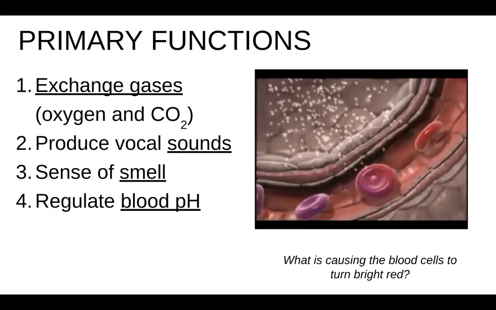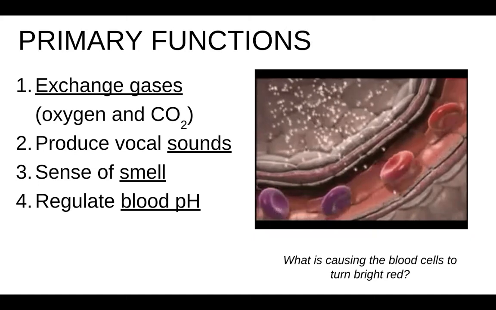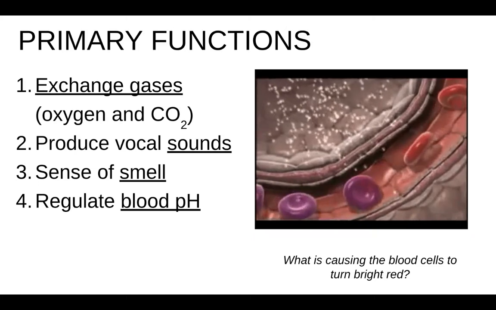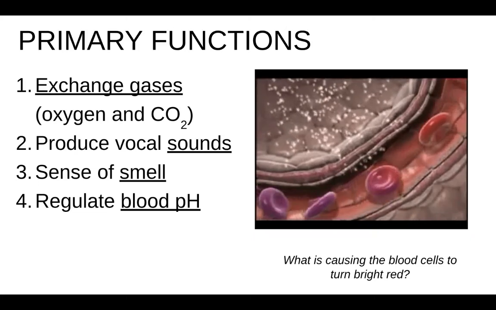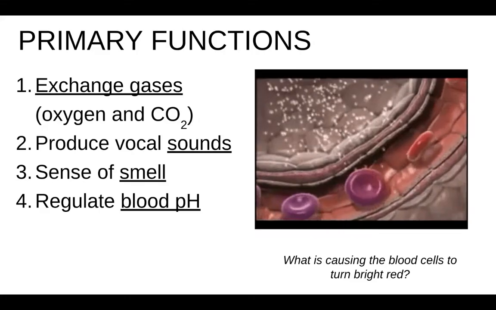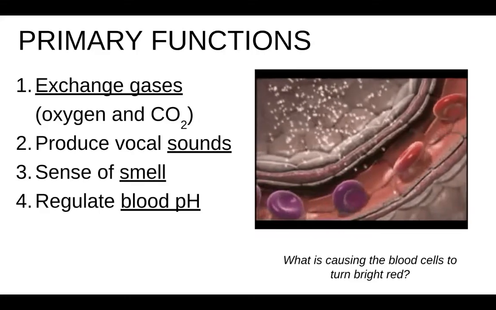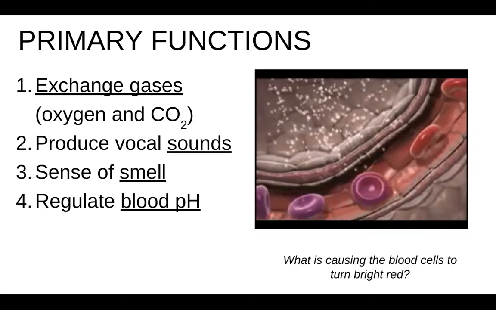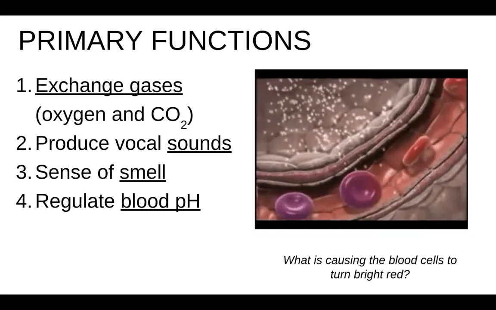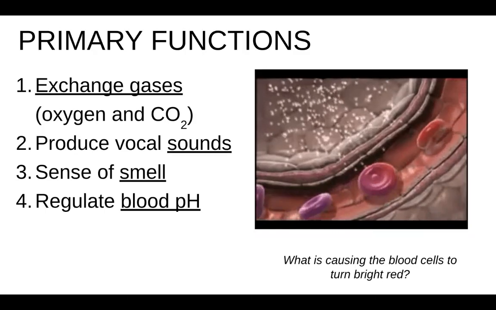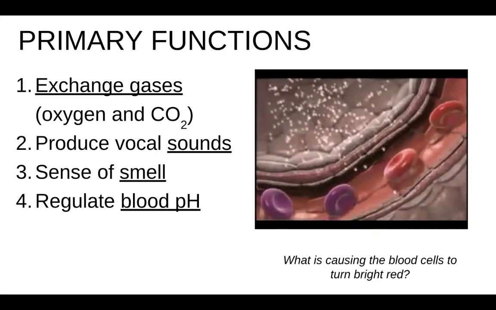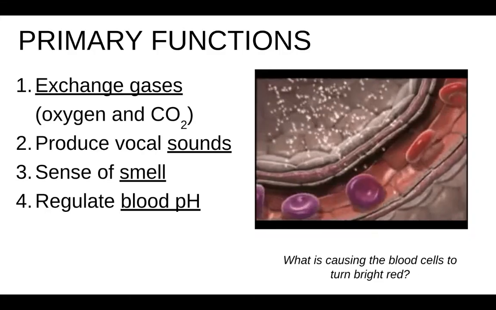Next, sense of smell. We'll talk about olfaction, and how the olfactory bulb sends direct transmission back to the frontal lobe of your brain. And then we'll talk about pH regulation. That's going to be a really big one within this unit. But the big takeaway: carbon dioxide levels directly affect our blood pH, and too much CO2 makes our blood too acidic.